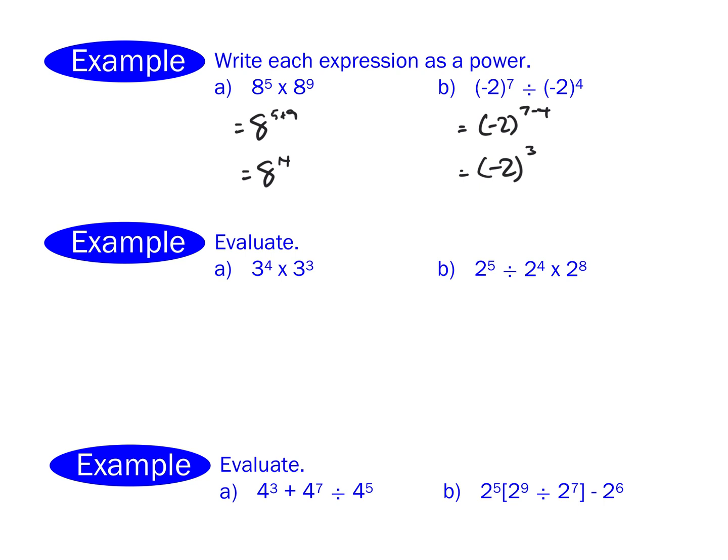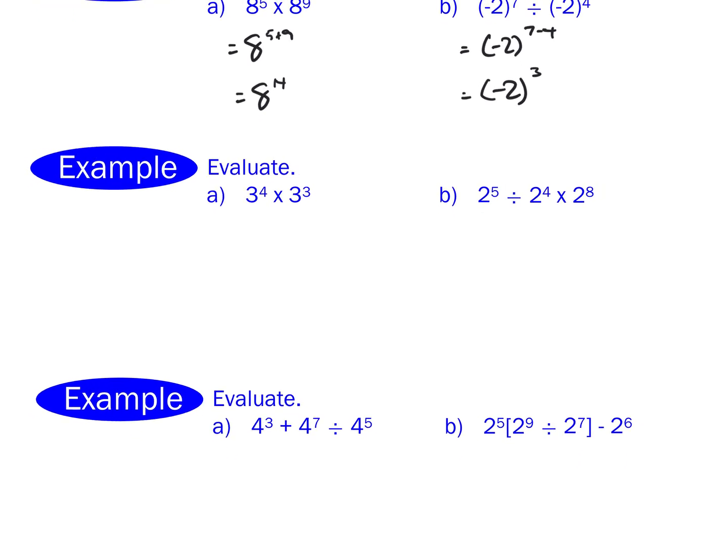In the next two examples, they specifically tell us to evaluate, which means we'll do exactly what we just did, and then we'll find out what the answer is by putting it into standard form. So the first question is 3 to the exponent 4 times 3 to the exponent 3. Using our exponent laws, what do we do with those exponents?